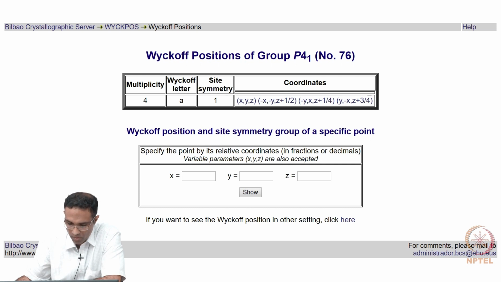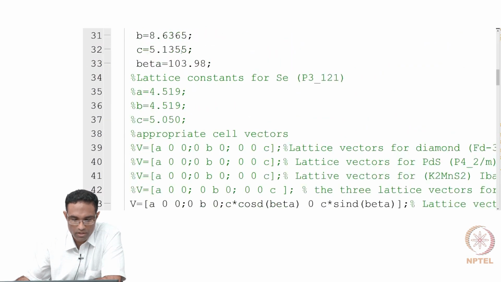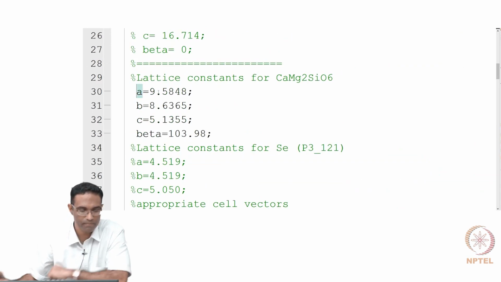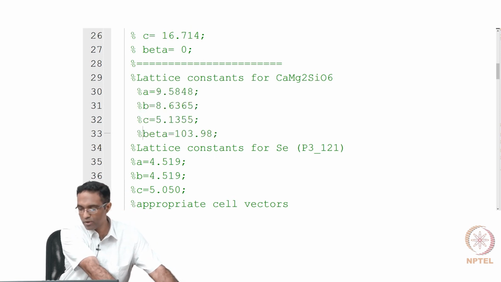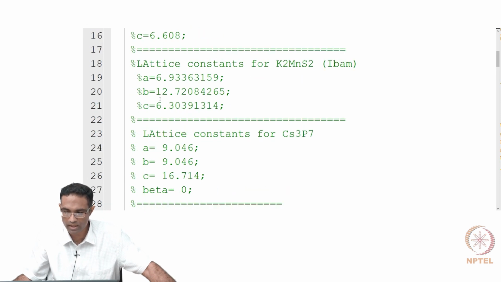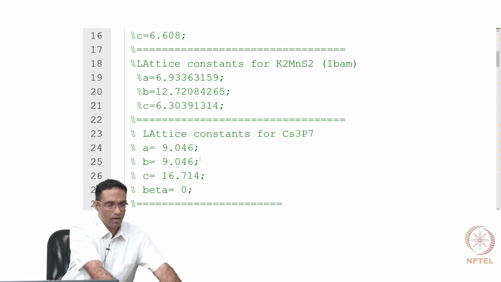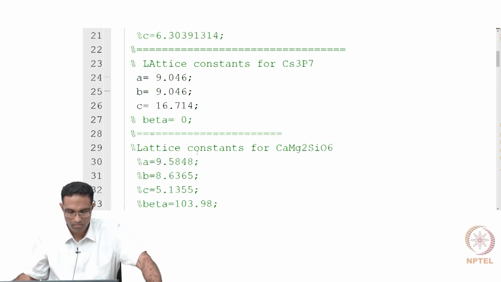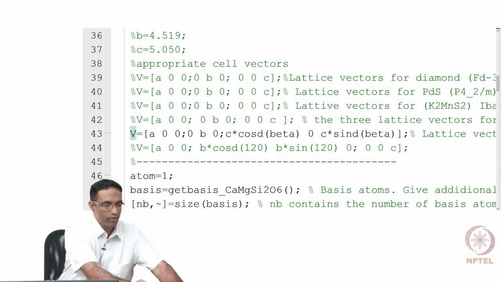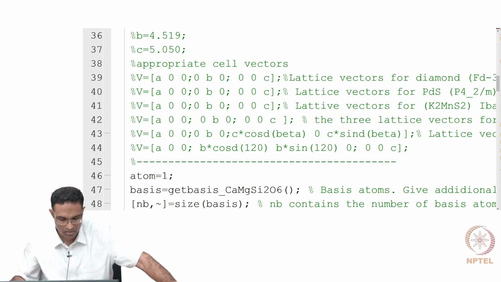So once again we go back to our original code. What do we have to change? We have to change very few things actually. We just have to change the corresponding lattice vectors. I will comment out the lines that we had for calcium magnesium silicate, and uncomment these lines, and of course I have to define the appropriate lattice vectors, which I have already defined here.